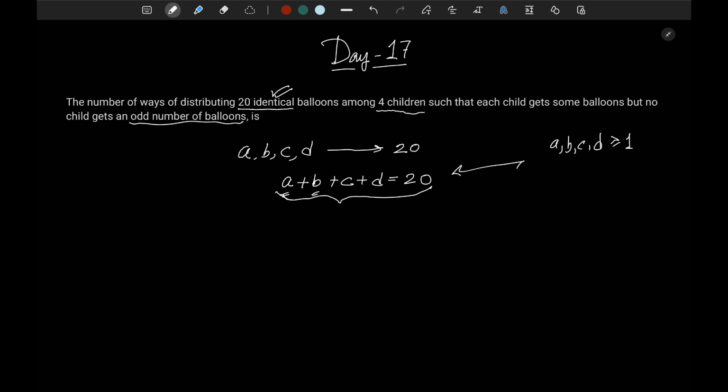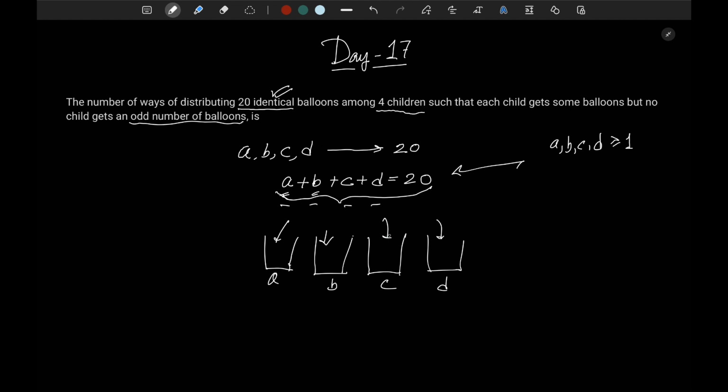Let's first understand what A, B, C and D represent. We can think of them as buckets. This is your A bucket, this is your B bucket, this is your C bucket and this is your D bucket, and you have 20 identical balls or balloons and you have to put them inside these buckets in such a way that the sum of these 4 buckets becomes 20, right?